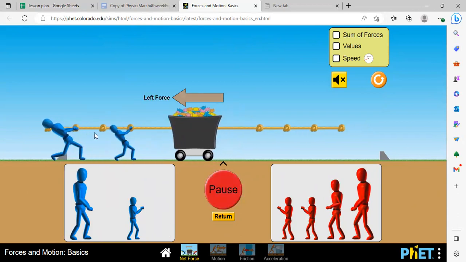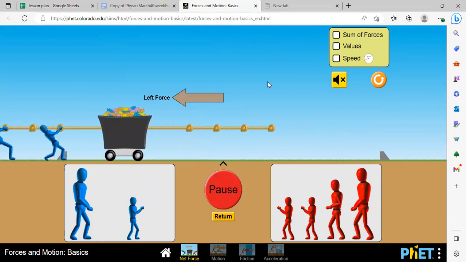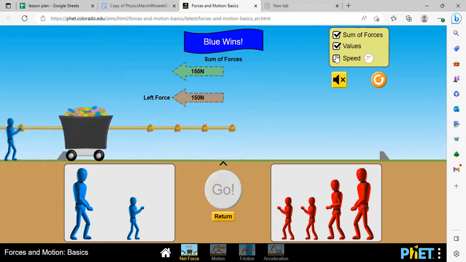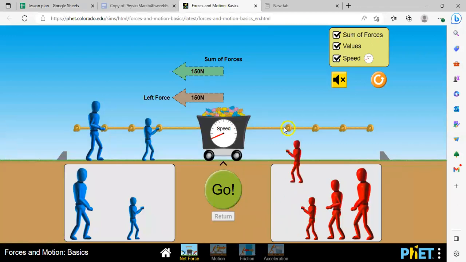So if it pulls towards the left, may acceleration siya towards the left. Okay? So merong siyang counteracting force, pero since yung net force, the sum of forces will give the overall force towards the left.